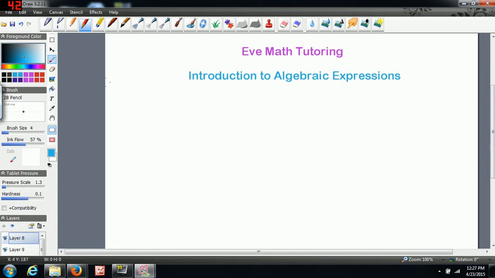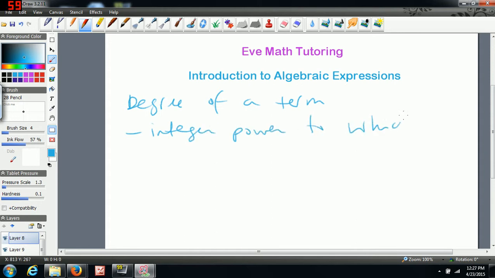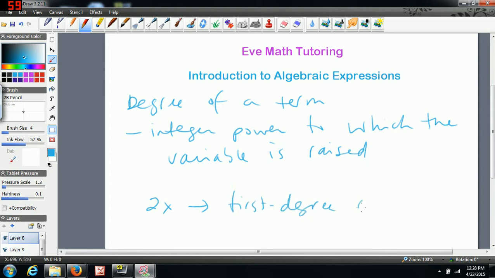Now, if we want to find the degree of a term, that refers to the integer power to which the variable is raised. So if I have 2x, this is a first degree term.